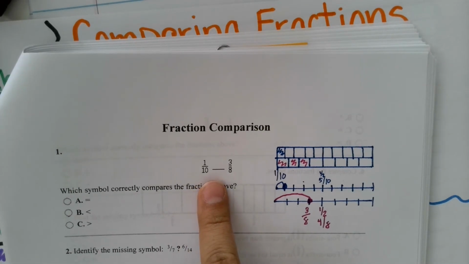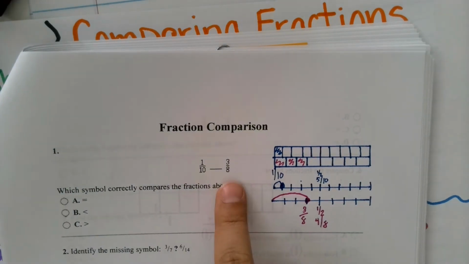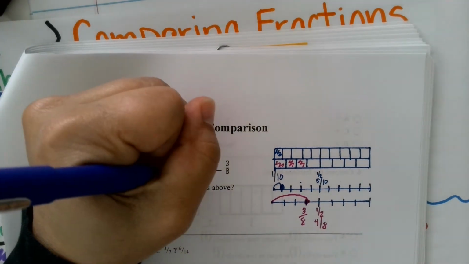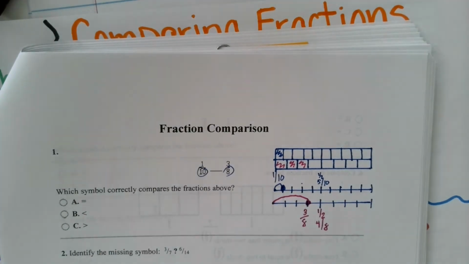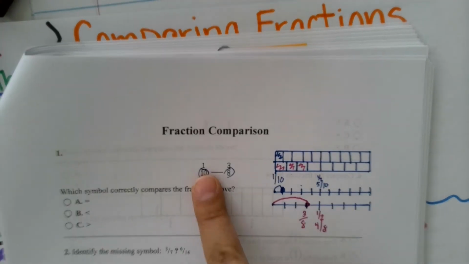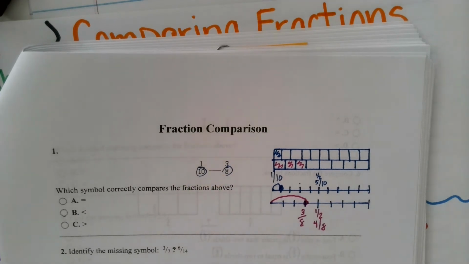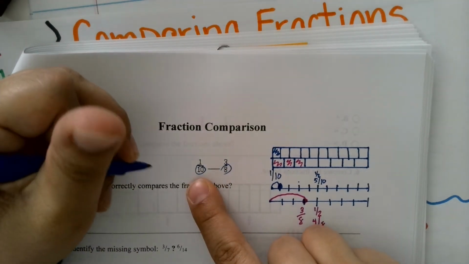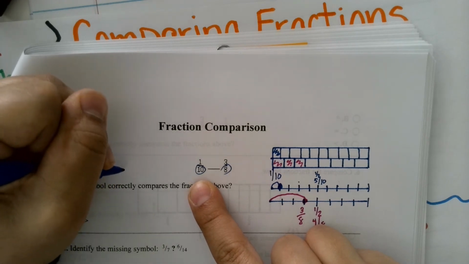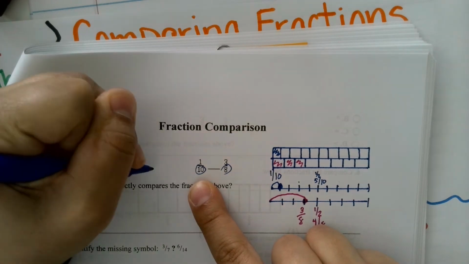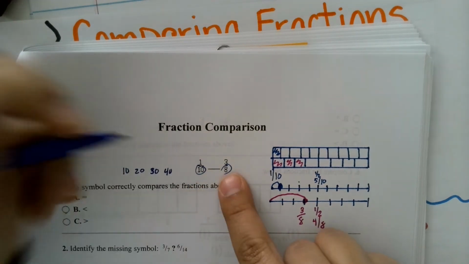And same thing, if I were to do this here and finding a common multiple, I want to change both of my bottom numbers so that they are the same. It's so much easier to compare, right, when you're comparing the same number. So I look at common multiples. Multiples for 10 would be 10, 20, 30, 40.